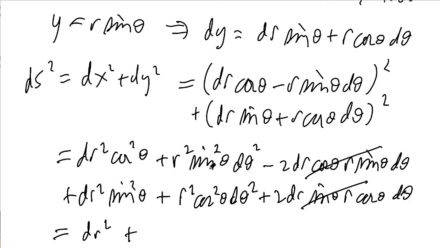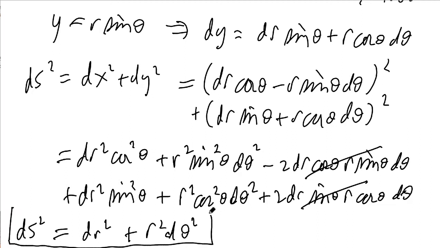And here we also have sine squared plus cosine squared, which is 1, and we're left with r squared d theta squared. So this is the result for the line element in polar coordinates, derived by using the coordinate transformation on the line element in Cartesian coordinates.